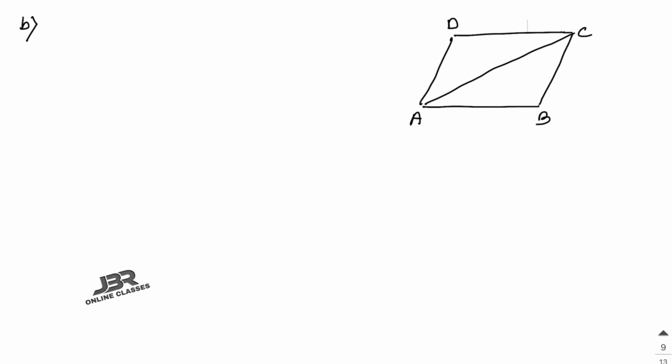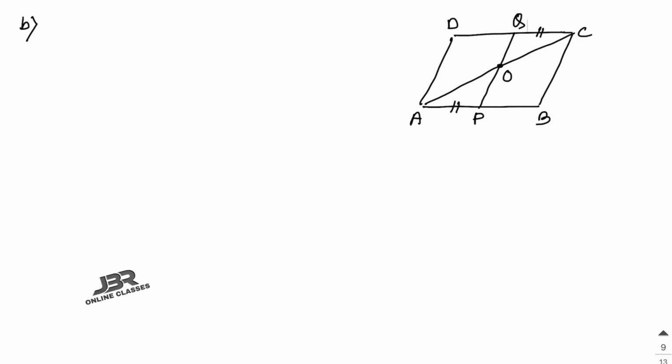Now number B. So first you have to draw the diagram. So this one here, most probably it's a parallelogram, definitely. So here it's A, B, C and D. Here AC is the diagonal, another line P and Q with intersecting point O, and here QC is equal to AP.